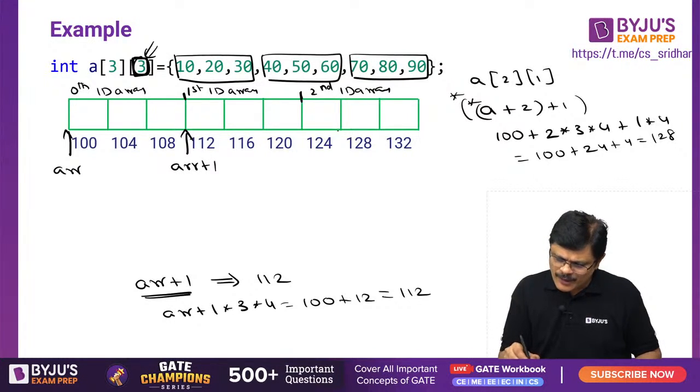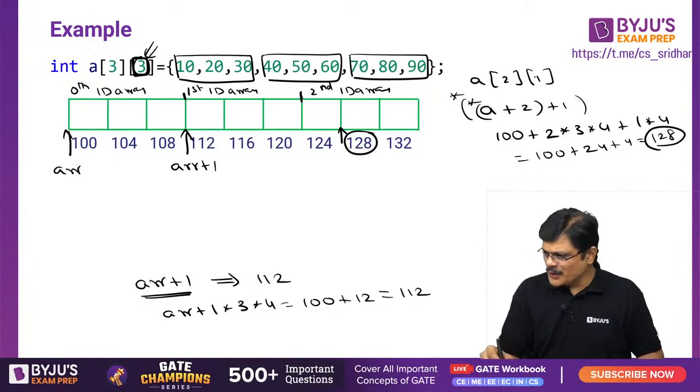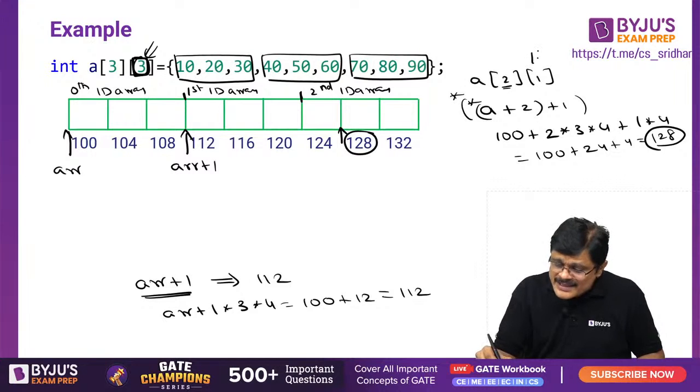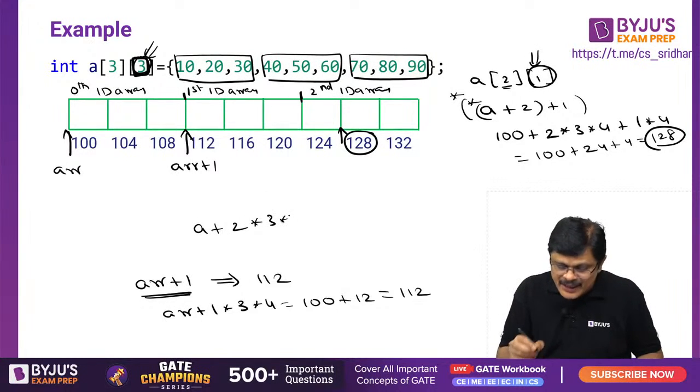So what you are talking about, A21, is it not A21? See, I got the address directly. Is that clear, Surya? So if you are doing A21, see, what you need to do is, this is 1D array. So it is like A plus 2 into how many elements are there in this 1D array? 3 elements into what is size of each element? 4.